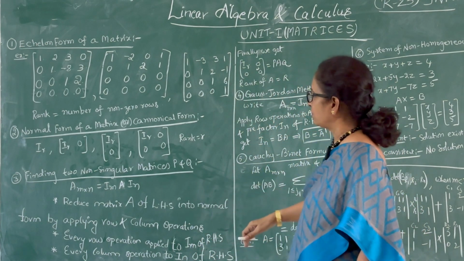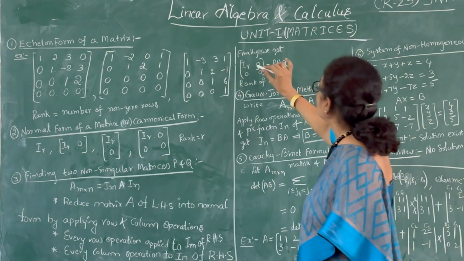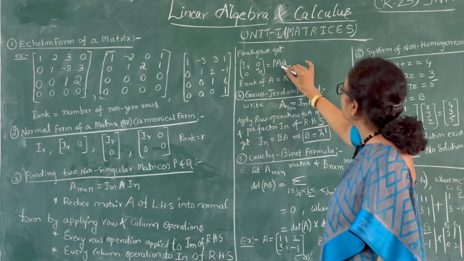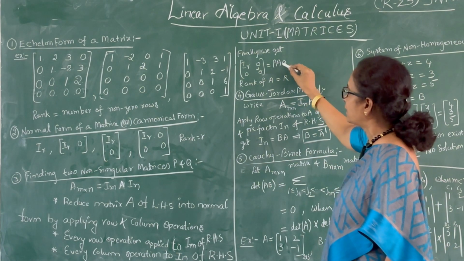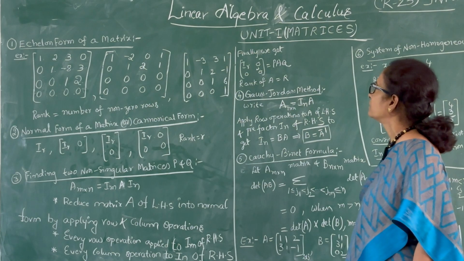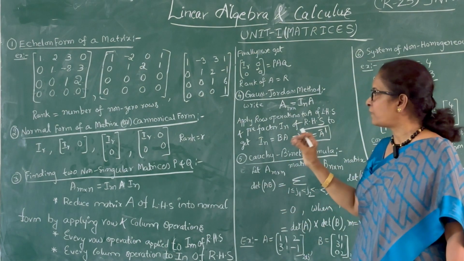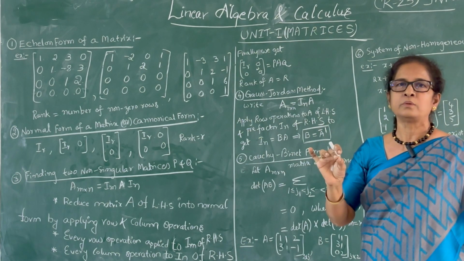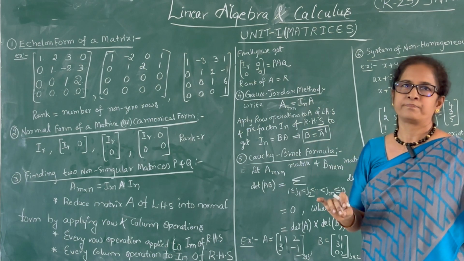Then finally we reduce the matrix A into normal form such that we get PAQ. These two are non-singular matrices P and Q. So finally we are going to find two non-singular matrices P and Q such that PAQ is equal to the normal form.